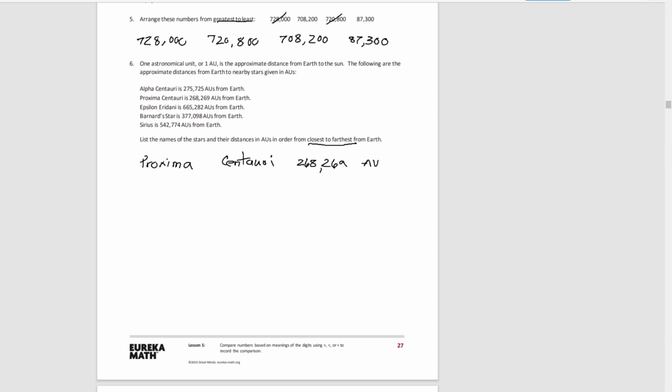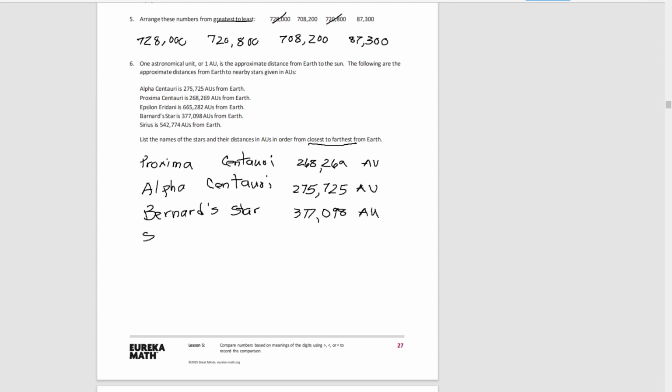The next one will be Alpha Centauri at 275,725 AUs. The next one would be Barnard's Star at 377,098 AUs.